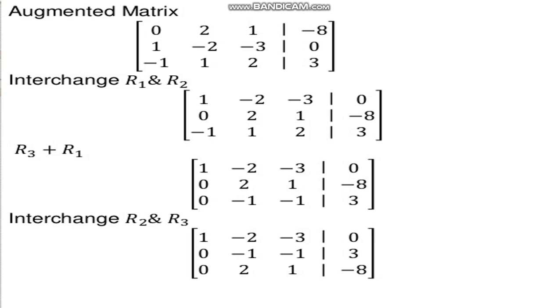For further simplification, we add row 3 with row 1. After adding row 3 plus row 1, we get the new matrix 1, -2, -3, 0, 0, 2, 1, -8, 0, -1, -1, 3.